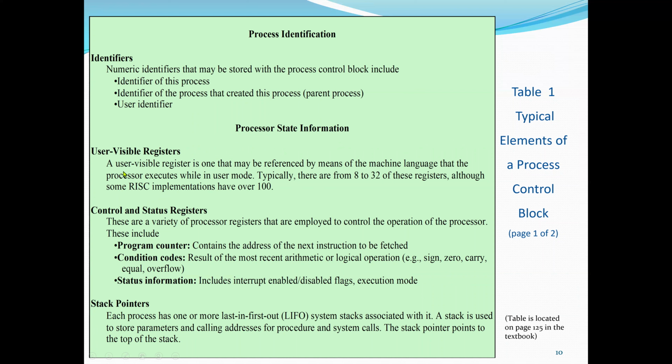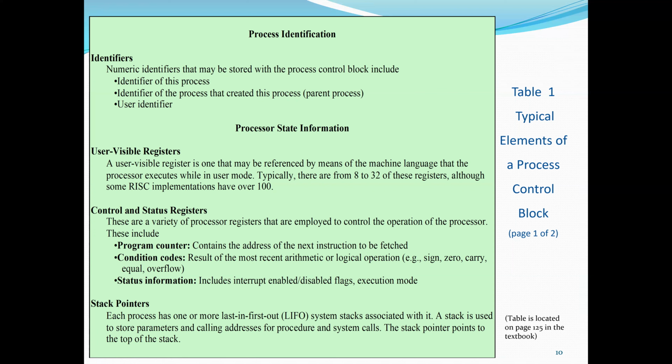We also have the process state information. First are the user visible registers. Then we also have the control and status registers, and also the stack pointers. Again, a very sophisticated multiprogramming system will require a great deal of information about each process. As we explained, this information can be considered to reside in a process control block.